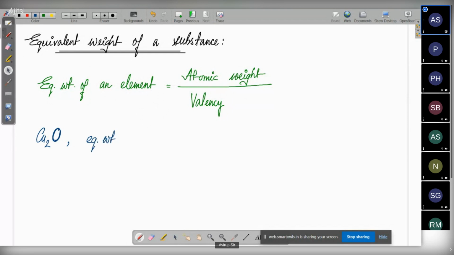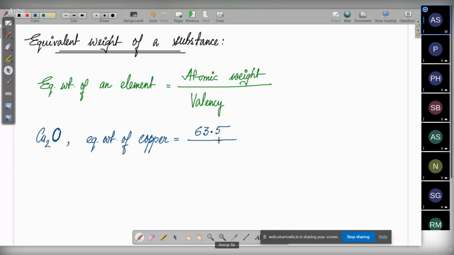The atomic weight of copper, I am telling you, is 63.5. You do not need to memorize this, because hopefully it will be given in your examination paper. So I have written the atomic weight of copper.